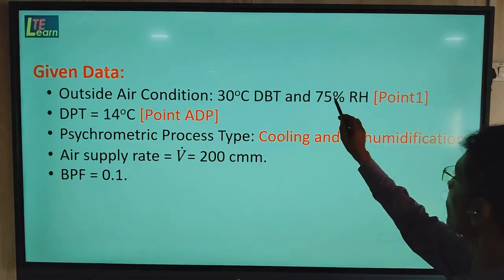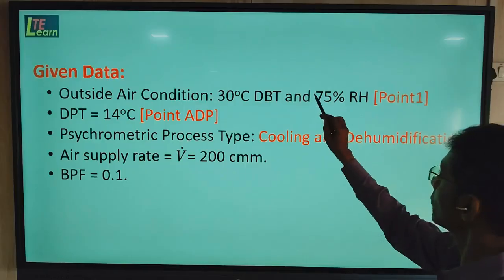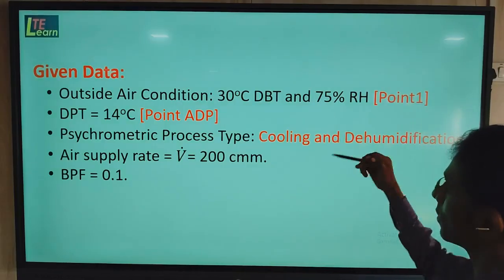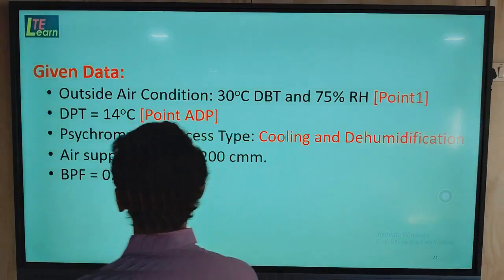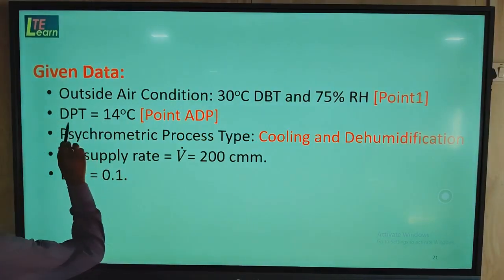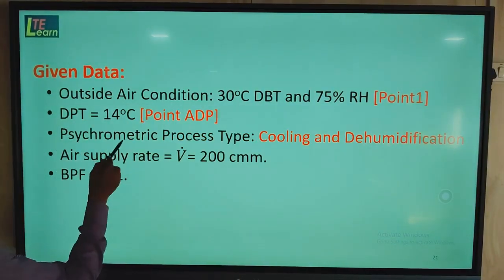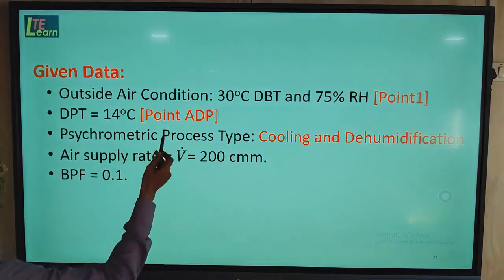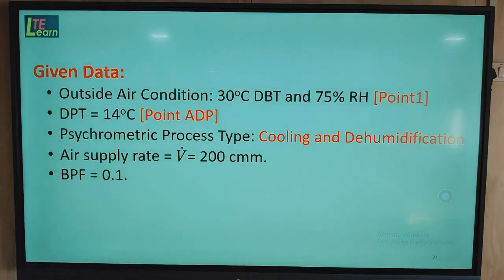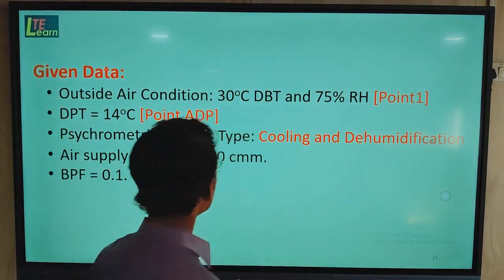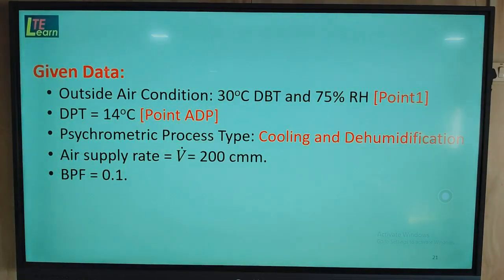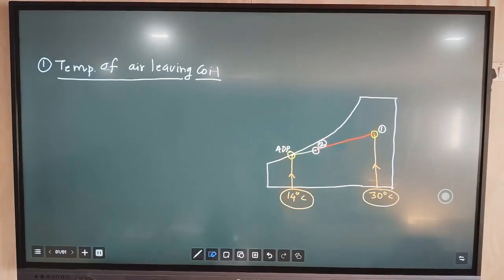So this we will use to locate point 1 on the psychrometric chart. Then the dew point temperature is given, that is the apparatus dew point, so by using that we will locate the ADP on the psychrometric chart. By joining these on the chart, this process will be a cooling and dehumidification process. Let us see that process.